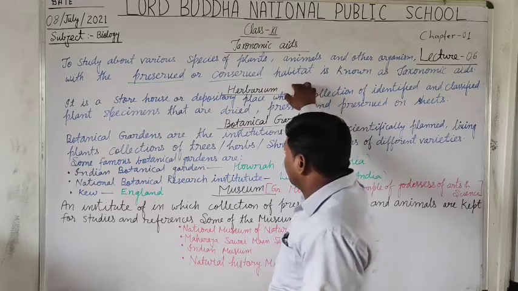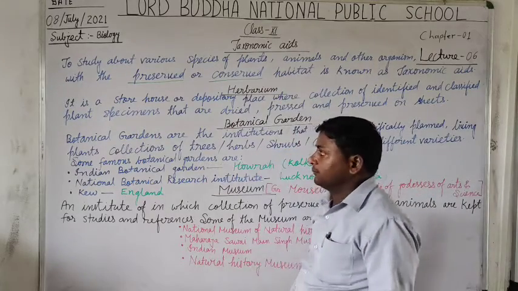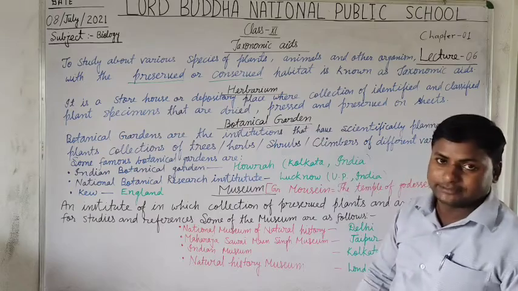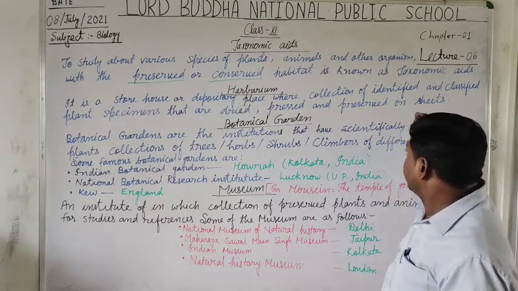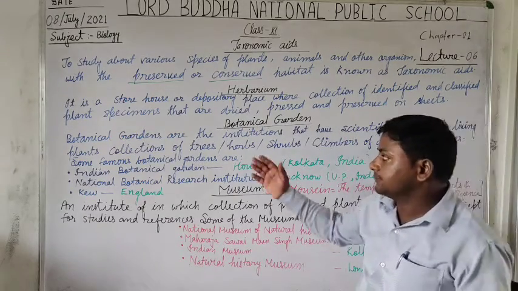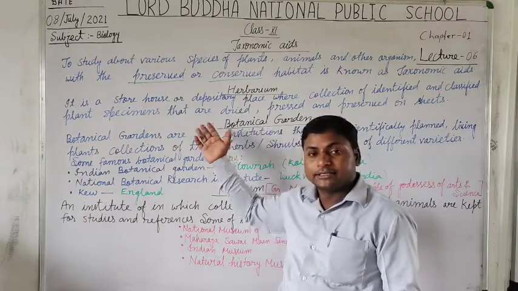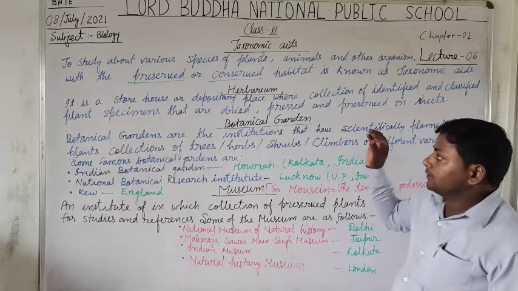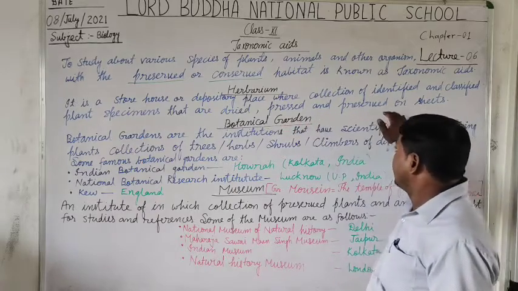So, how do we define herbarium? It is a storehouse or depository place where a collection of identified and classified plant specimens are preserved in dried, pressed, and preserved form.